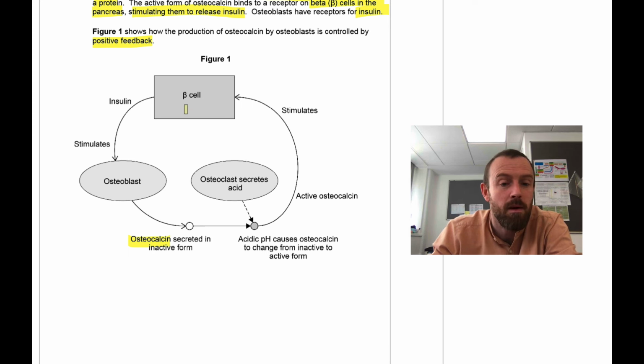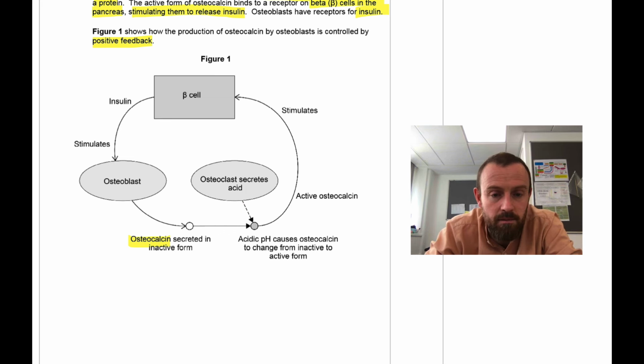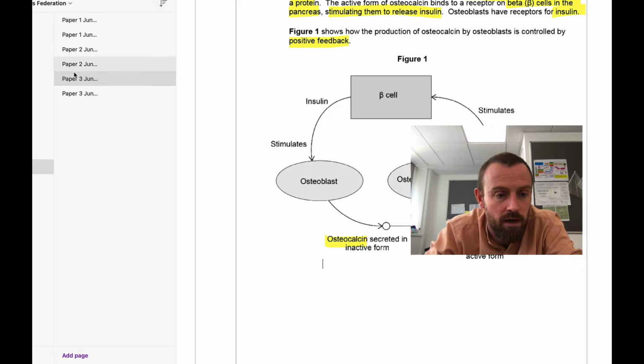So we might say that a beta cell, when it releases insulin, this stimulates the release of osteocalcin, and then osteocalcin stimulates the beta cell to release more insulin. So therefore, any initial release of osteocalcin triggers more release of osteocalcin in a feedback loop. Okay, let's check the mark scheme to see if that's along the right lines.